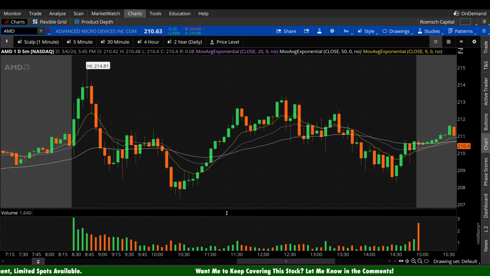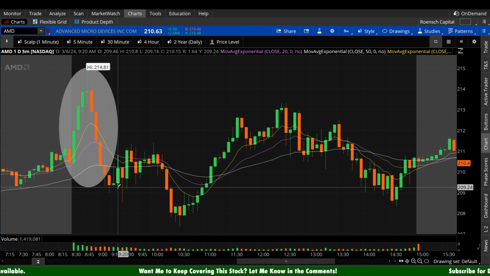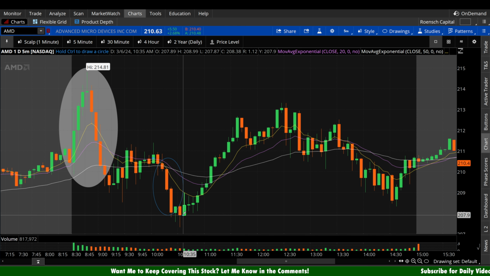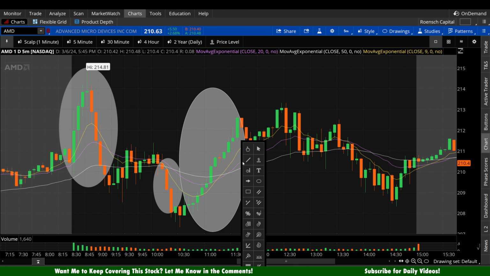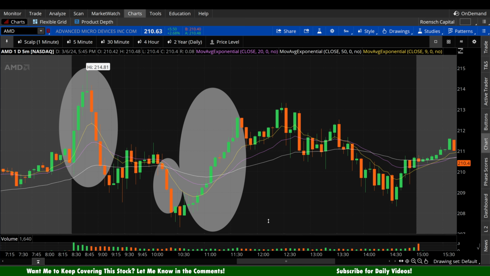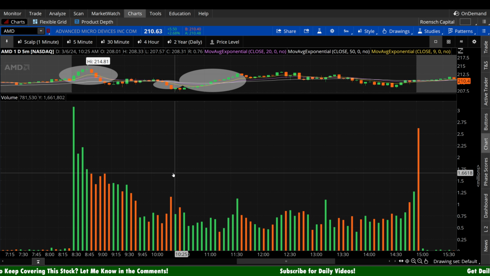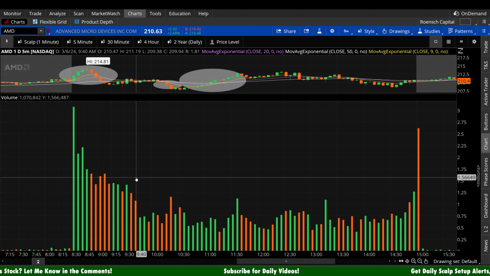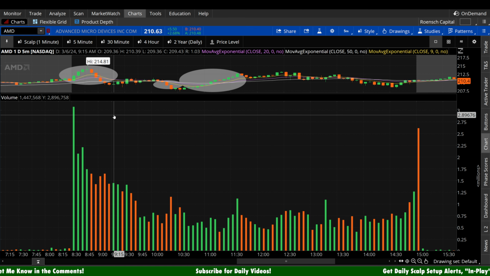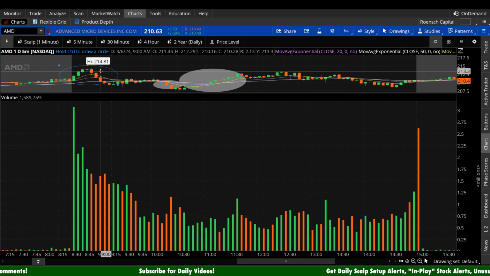But if we look at a few of the obvious moves here, what I'm kind of looking at is this up-down move off the open, this move here intraday, and then that recovery intraday that had the majority of green candles. And I want to look at the volume of those 3 to 4 moves. Off the open, the volume was holding strong for a little while, but to me, it's not out of the ordinary enough to get any definitive data out of that move, or 2 moves, I suppose.